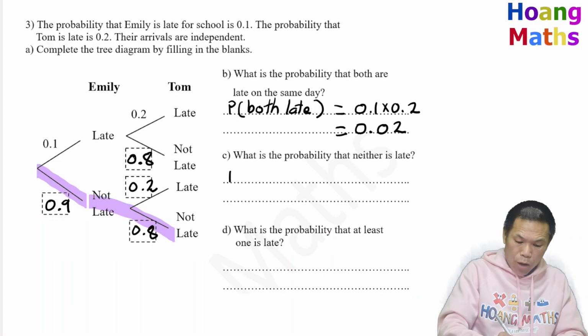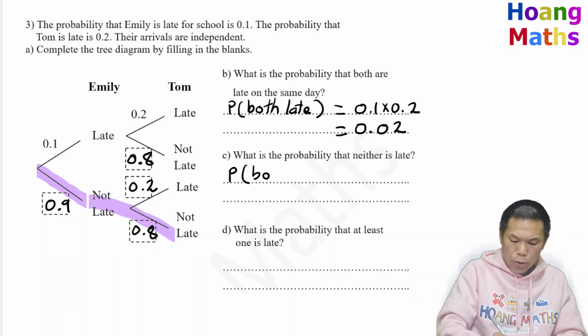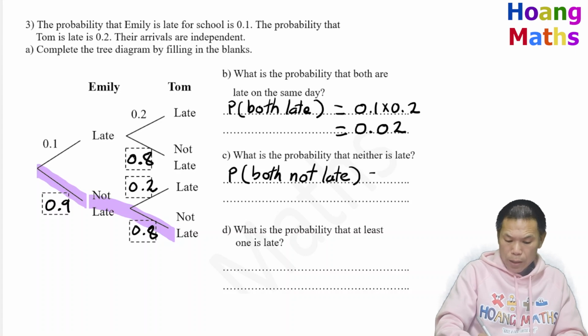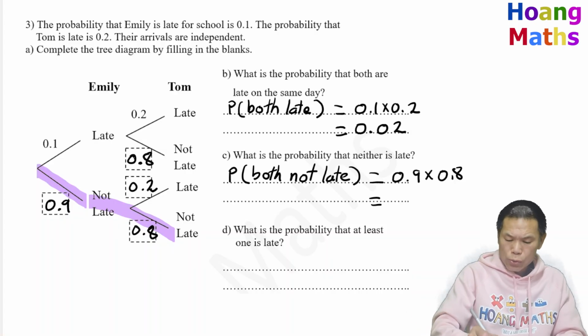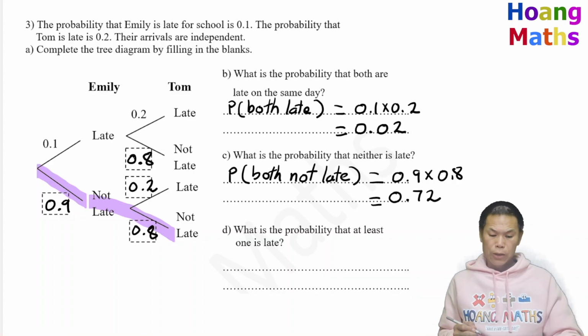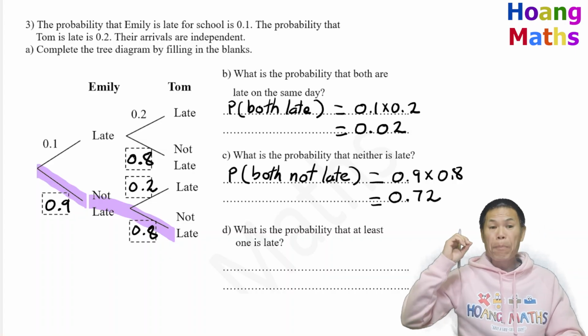So probability both on time or not late, that is 0.9 times 0.8. So 9 times 8 is 72. So 2 decimal places, 0.72. So there you go.